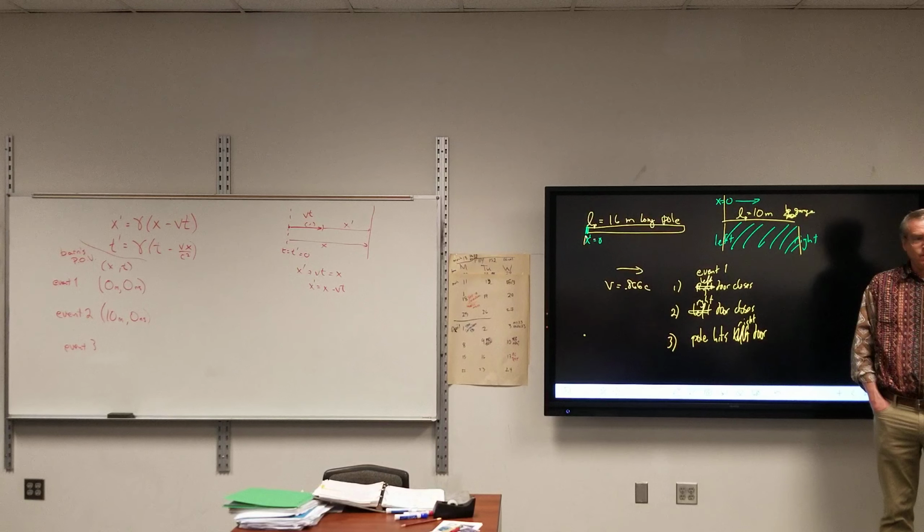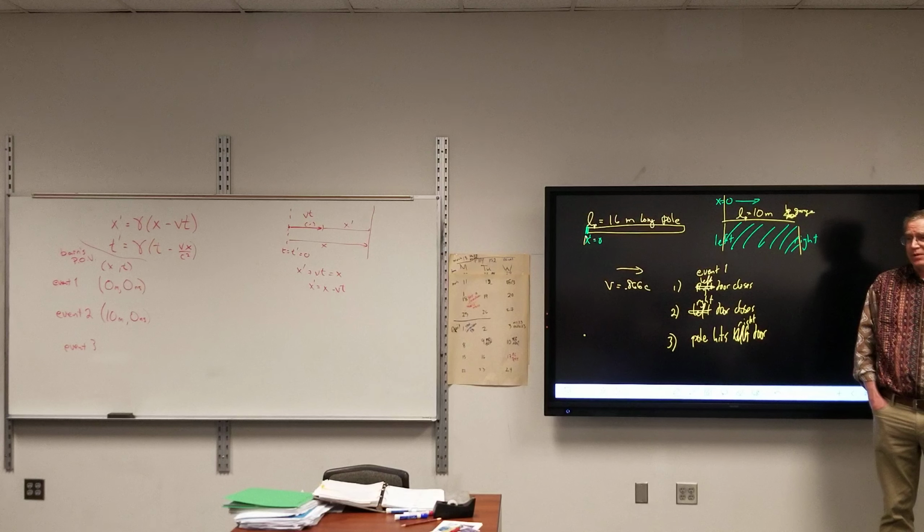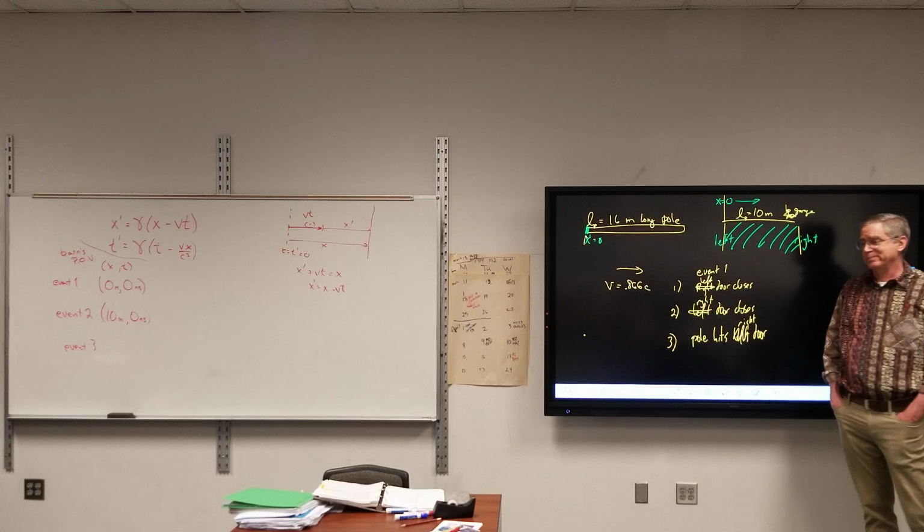Gamma times, like, yeah, so what's gamma? Gamma is 0.866. No, that's V. Oh, actually, that's beta. What is gamma?